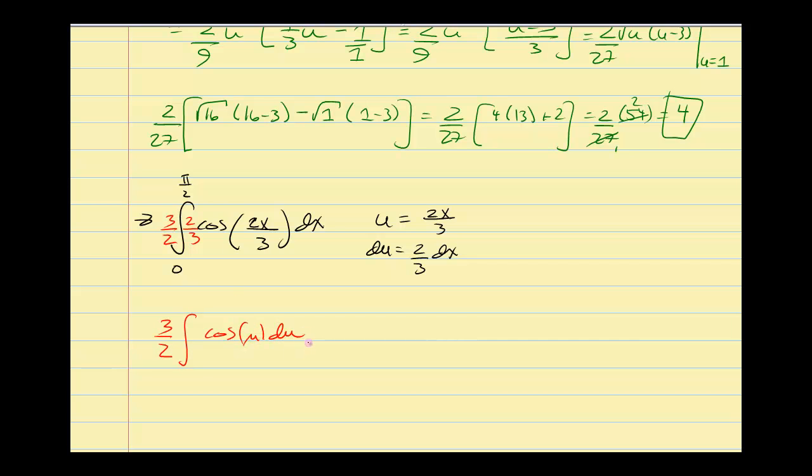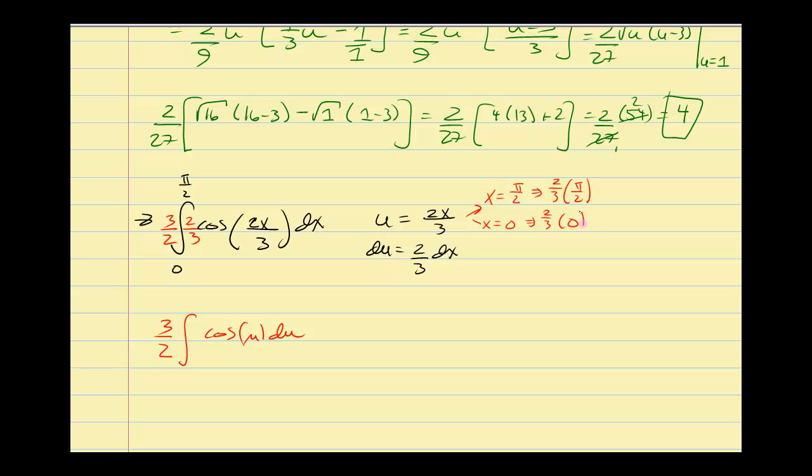Now what about these limits of integration? Well, let's go ahead and change these. So if we change our limits of integration, I have x equal pi over 2, and my lower limit of integration was x equals 0. And I need to plug this into 2/3 times x. So I have 2/3 times my value of x.